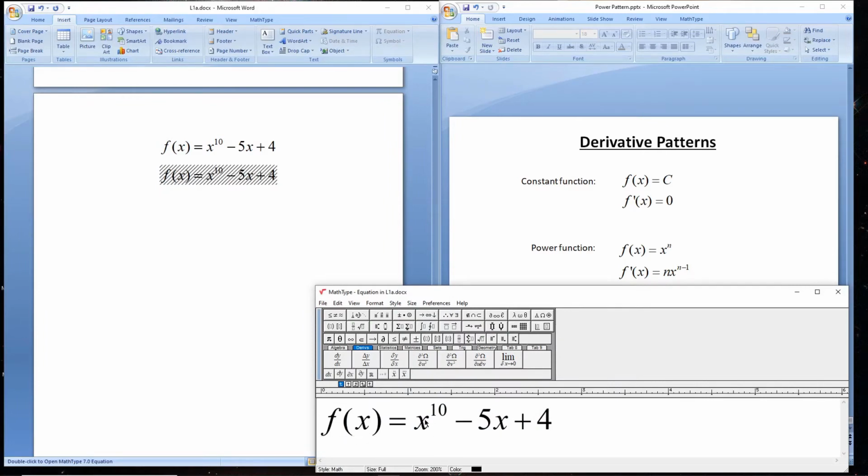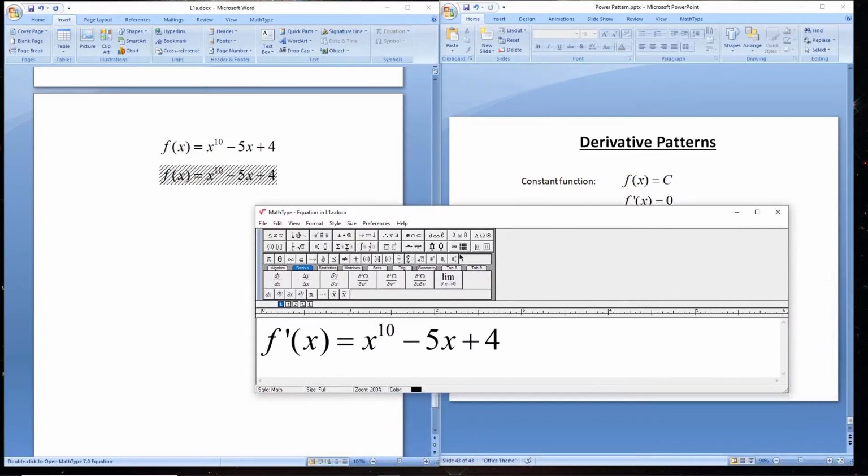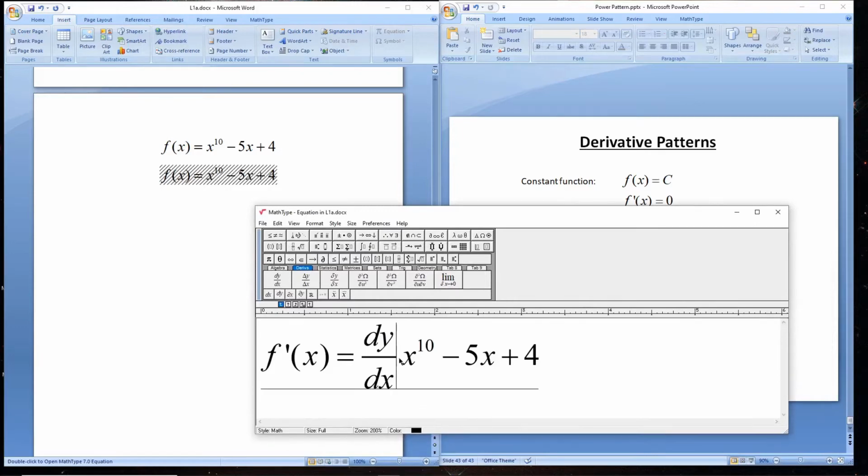And we can take the derivative term by term because the derivative distributes. So I'm just going to write that out. Because the derivative distributes, we can take the derivative term by term.